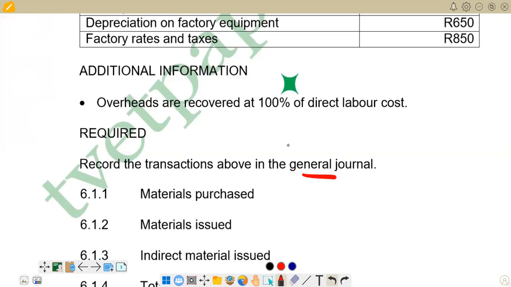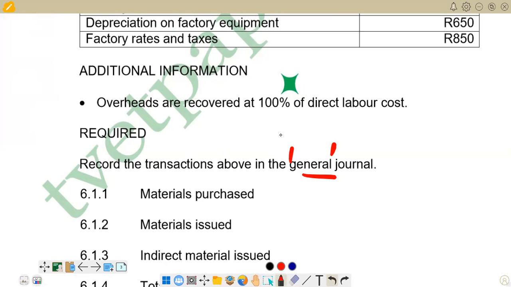Remember, the name general describes that it is taking different types of transactions that are not included in other journals. Other journals that we have are the cash book, the cash receipts journal, and the cash payments journal.